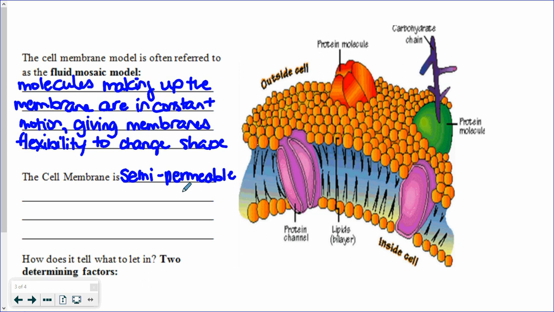So it's selectively permeable in that it lets certain things in and out, but not necessarily everything. So it only allows some materials to cross the membrane while excluding others.